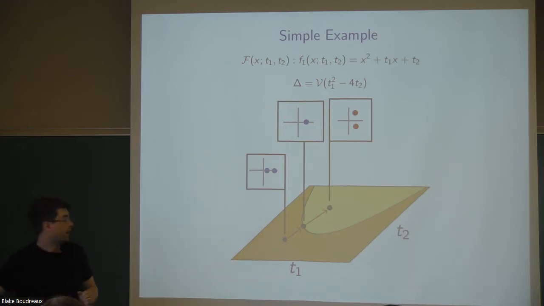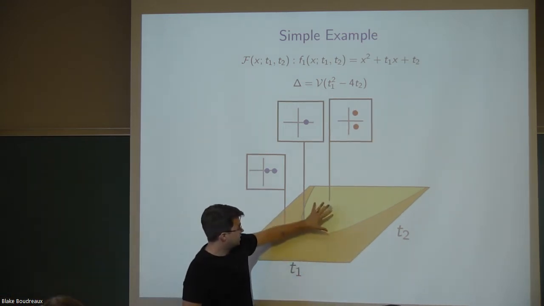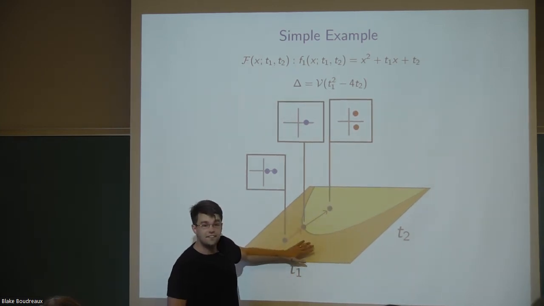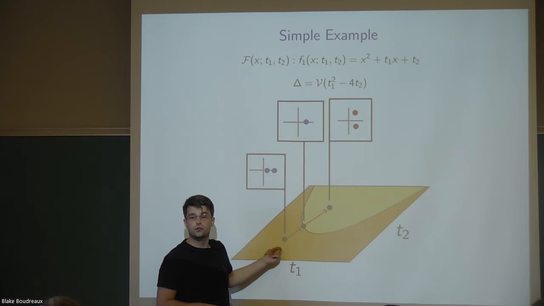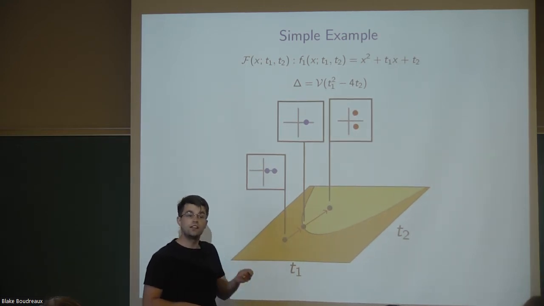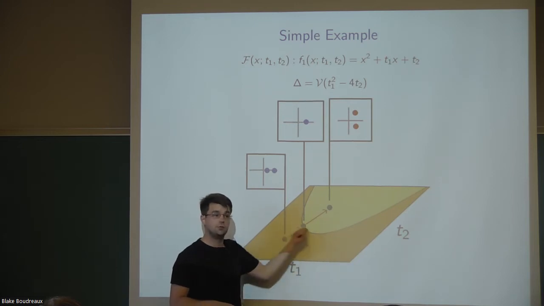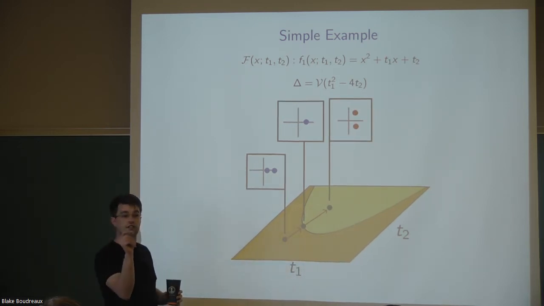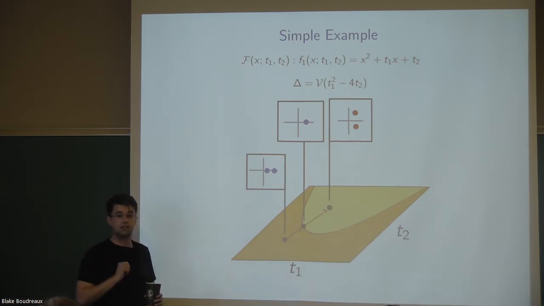The nice thing about this discriminant is that its complement has components, and by definition, the number of real solutions over each component is the same. Because if you want to switch the number of real solutions as you move along a real parameter space, you'd better have two real solutions coming together to then become complex conjugate.